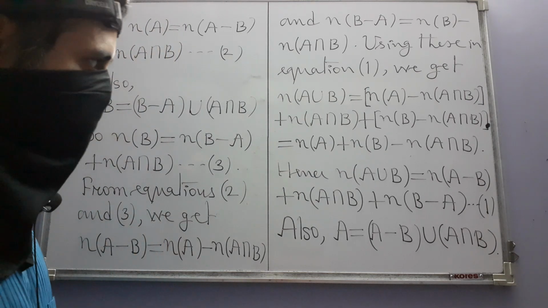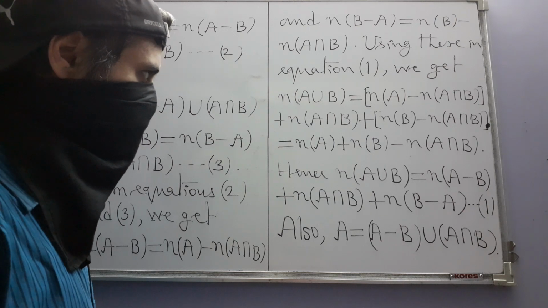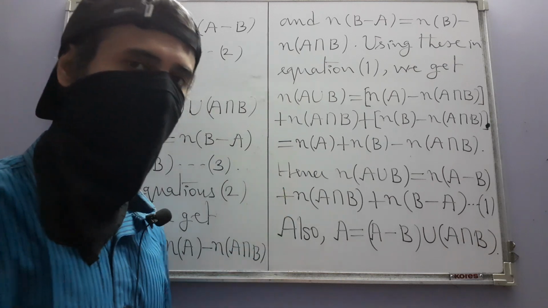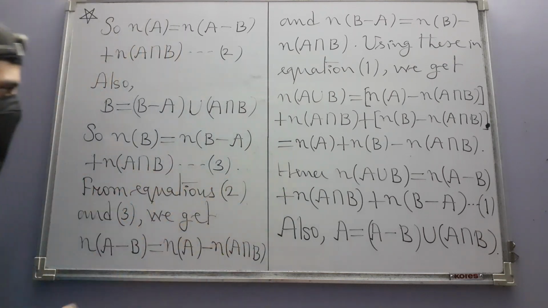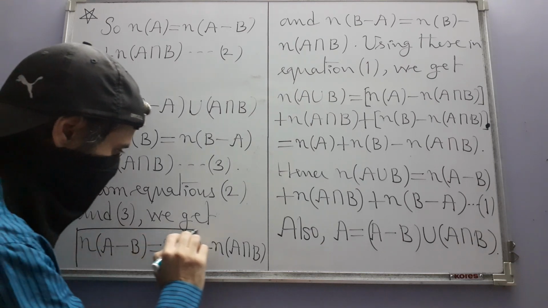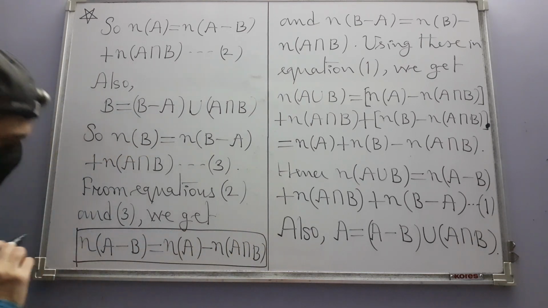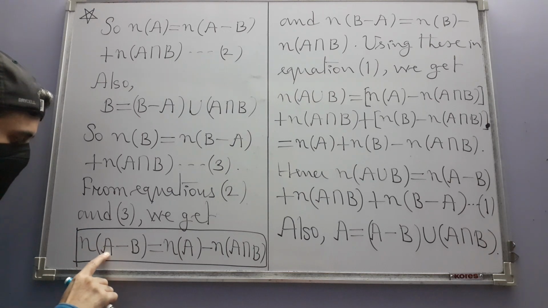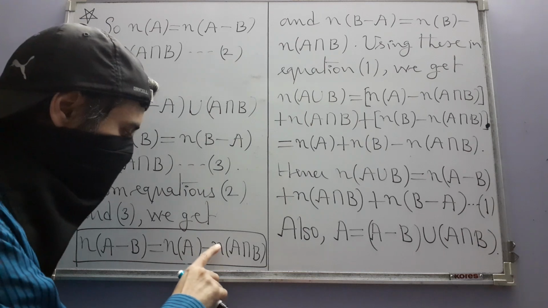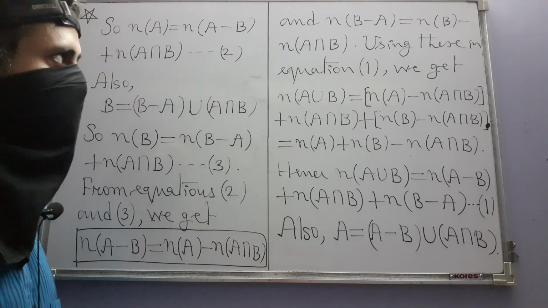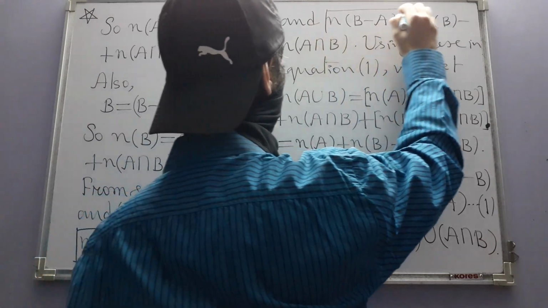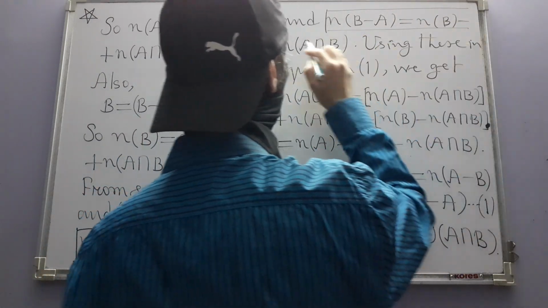Now this formula, before we go to a slightly more general version of this formula, let us note one more thing. You note this, the number of elements in A difference B is equal to the number of elements in A minus the number of elements in A intersection B. Or actually, strictly speaking, although it looks different, this one also is the same formula.